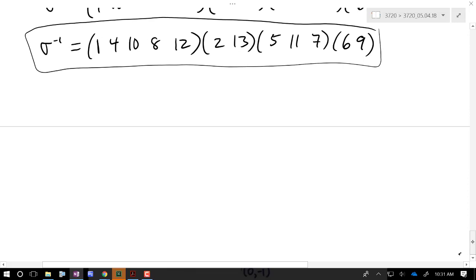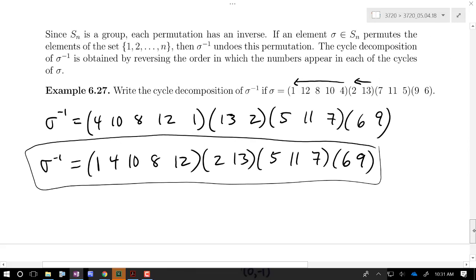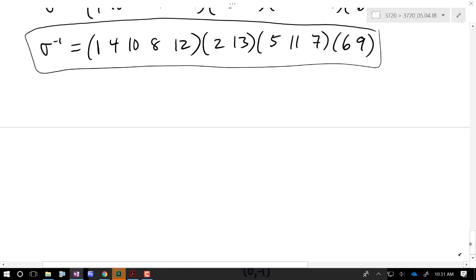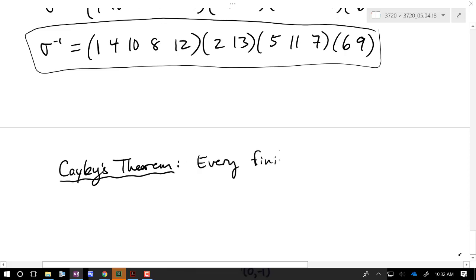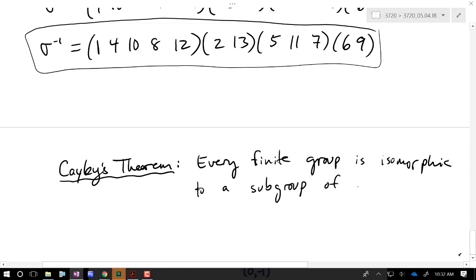We're not going to prove it, because it would take a lot to prove, but the reason I wanted to squeeze in a little bit on symmetric groups at the end is a result called Cayley's theorem. Cayley's theorem says that every finite group is isomorphic to a subgroup of some Sn, some symmetric group.